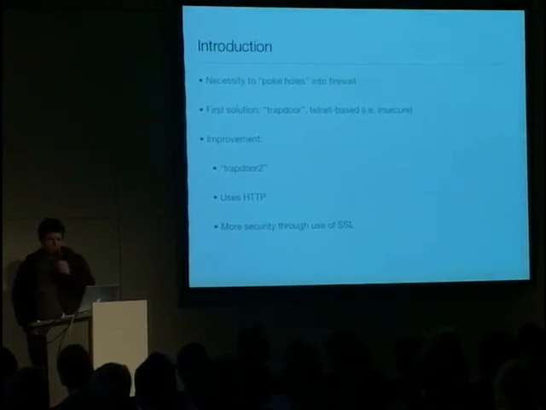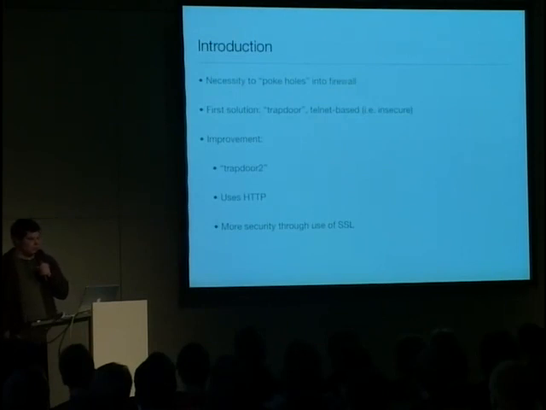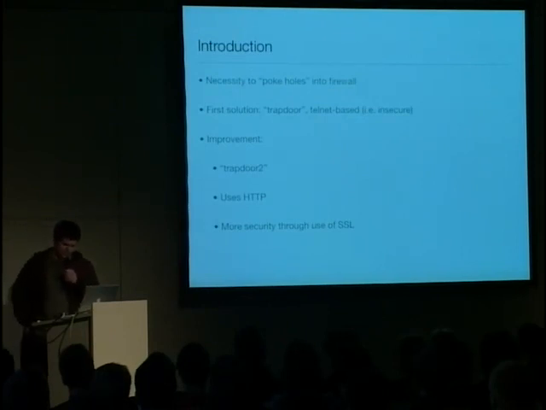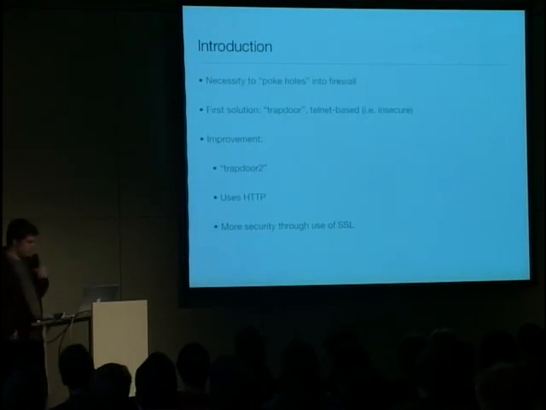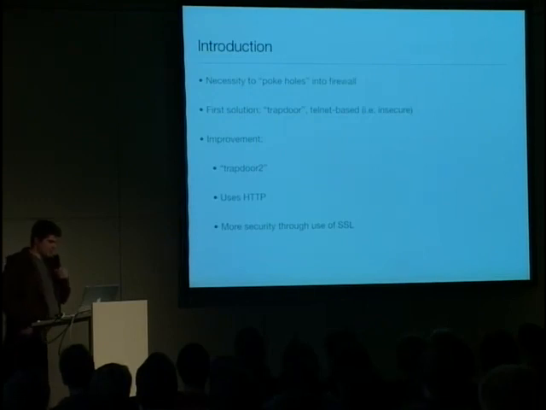My co-developer Clifford Wolf, some of you probably know him. He regularly does lectures at the Chaos Communication Congress, and he worked on Rock Linux, and he had the necessity to poke holes into firewalls.